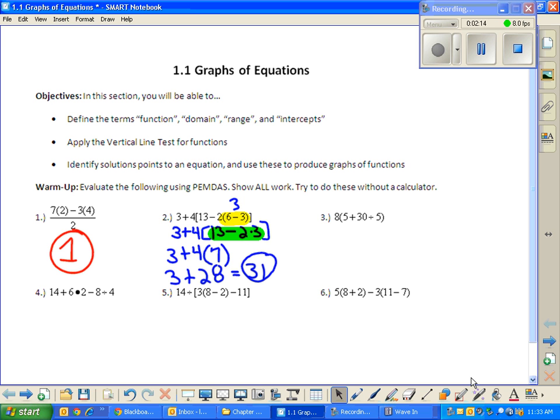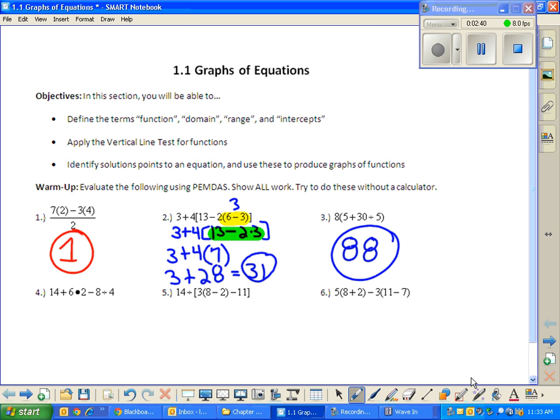Helene. You are correct. Anybody not get 88? Not know what they did wrong? You're good? Good job. All right, number 4 goes to, this one was a little bit trickier. Nicolette. It is 24. Good job.